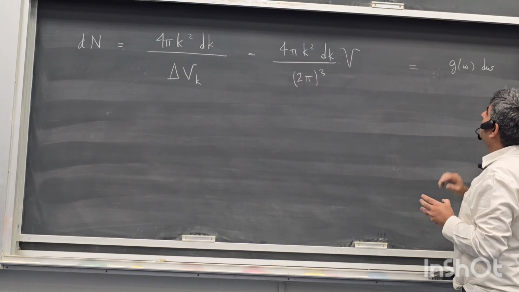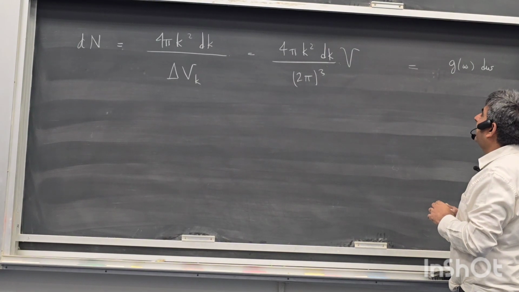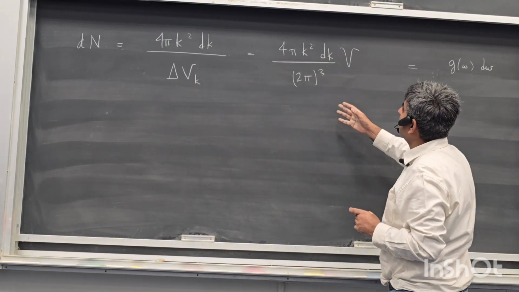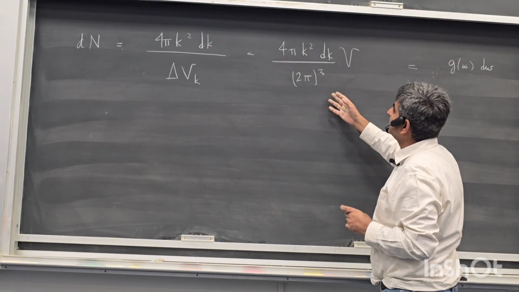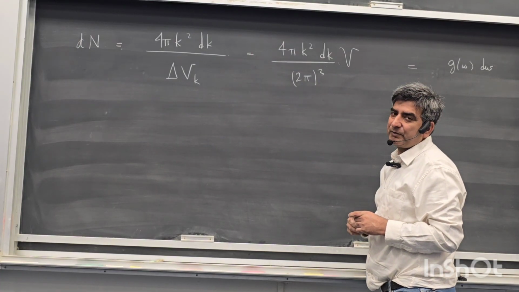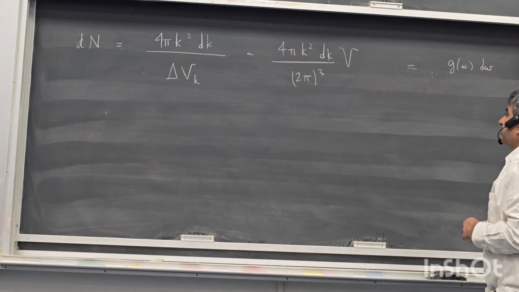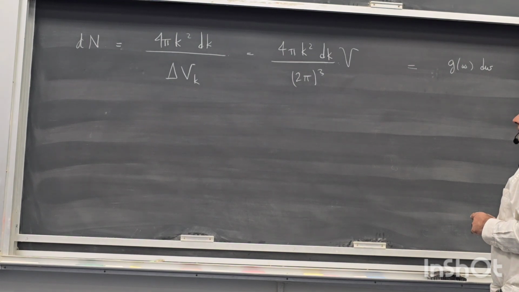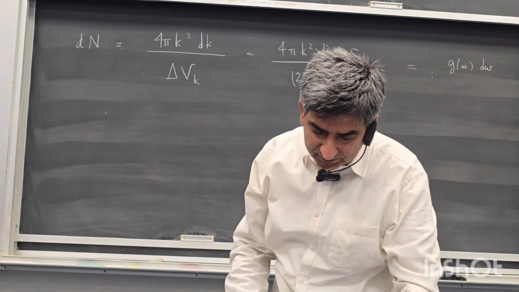So this is our g omega, and the next thing we need to do is express this k in terms of omega, and that will come from the dispersion relationship. So let's try to do that now.